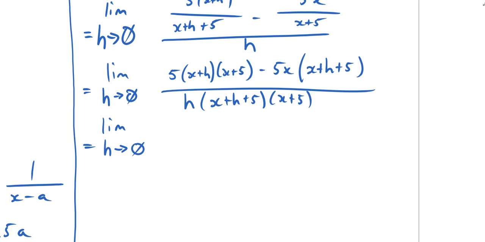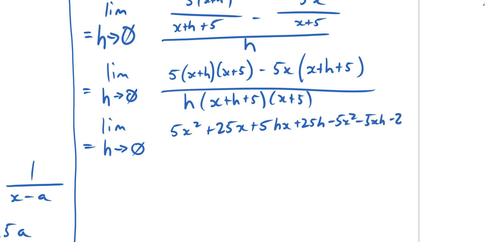Okay, so I'm going to expand this, and it works out to something like this. 5x squared plus 25x, you're going to have to take my word for it, plus 5hx plus 25h minus 5x squared minus 5xh minus 25x.